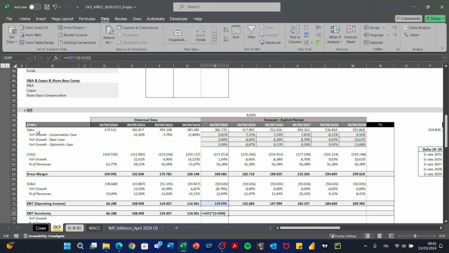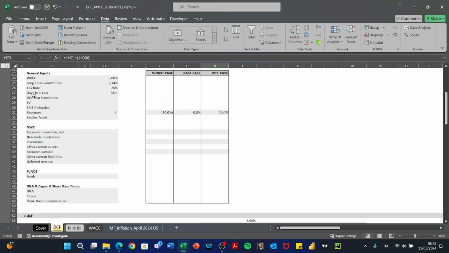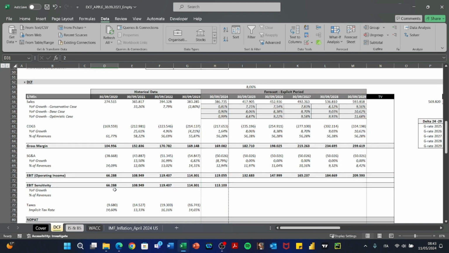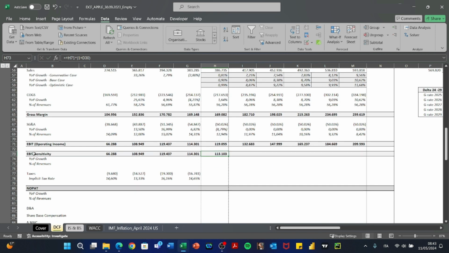Okay, so for instance, if I want to hypothesize a reduction of the EBIT, I just set over here -5%. And as you can see, there is a decrease in our EBIT.